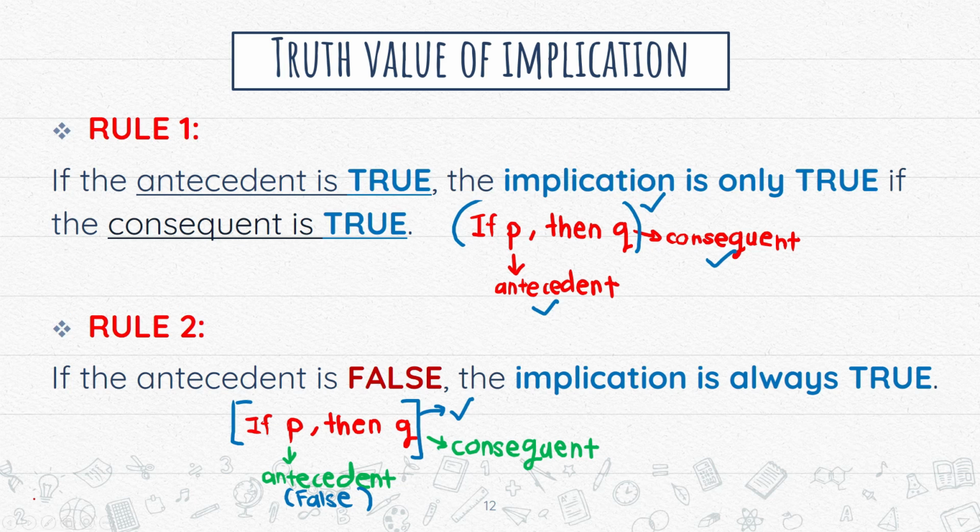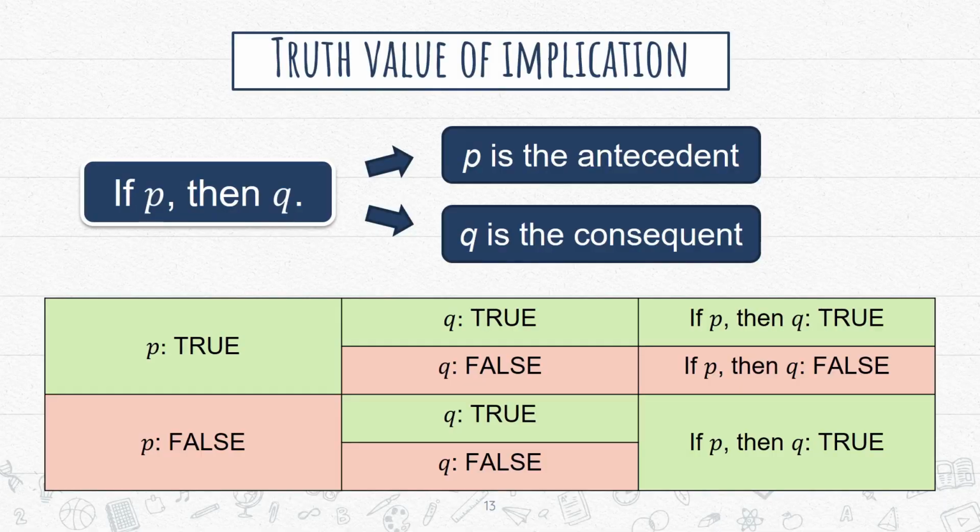Now we take a look one by one at converse, inverse, and contrapositive. First we look at the implication. If P then Q is the form of implication, where P is the antecedent and Q is the consequent.